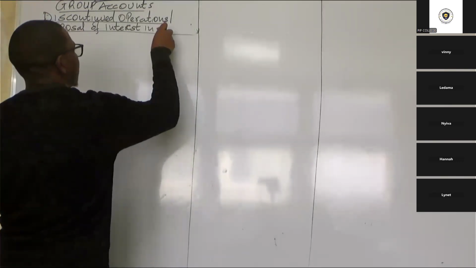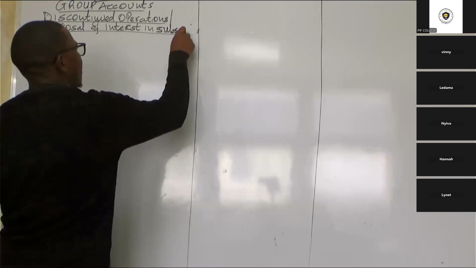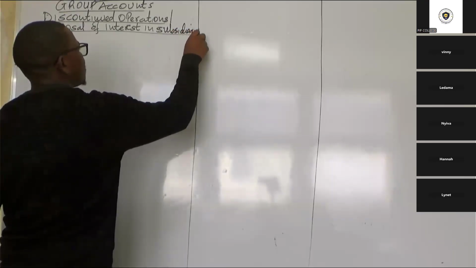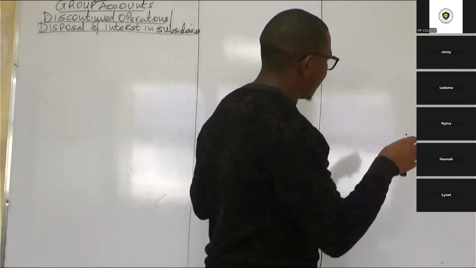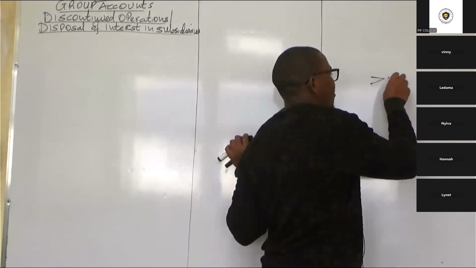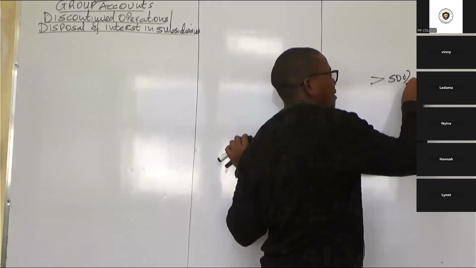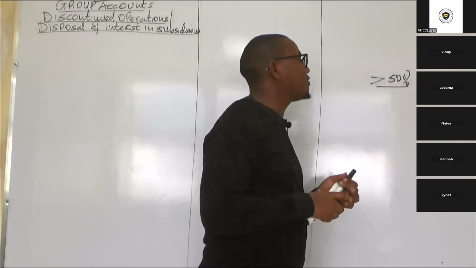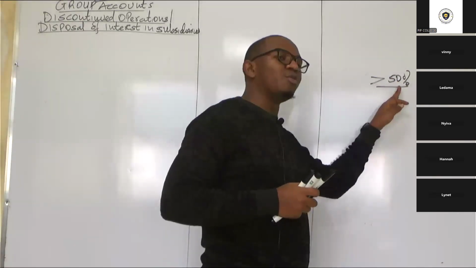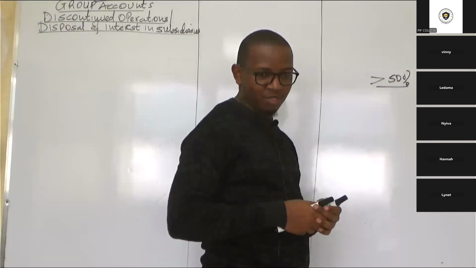Now, when we talk of disposal of interest in a subsidiary, we say that if the company controls more than 50%, that is a parent, and it will be a subsidiary.